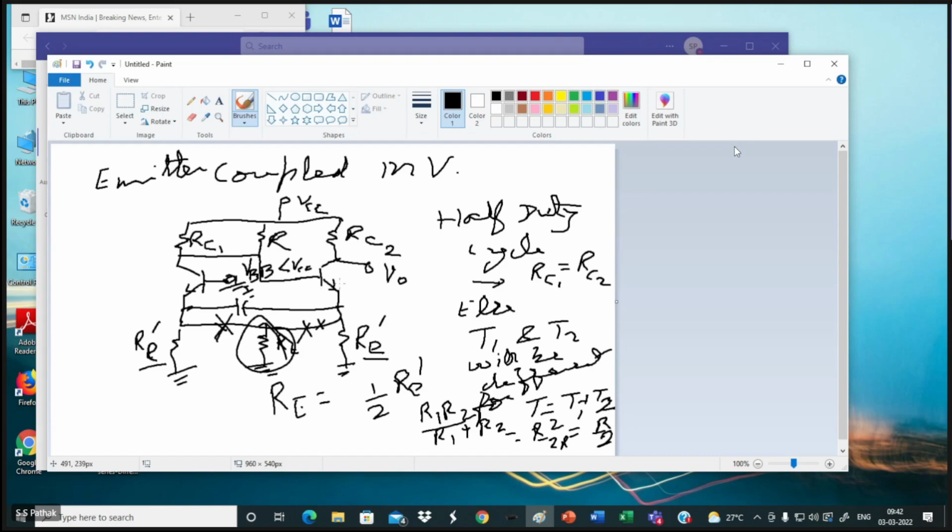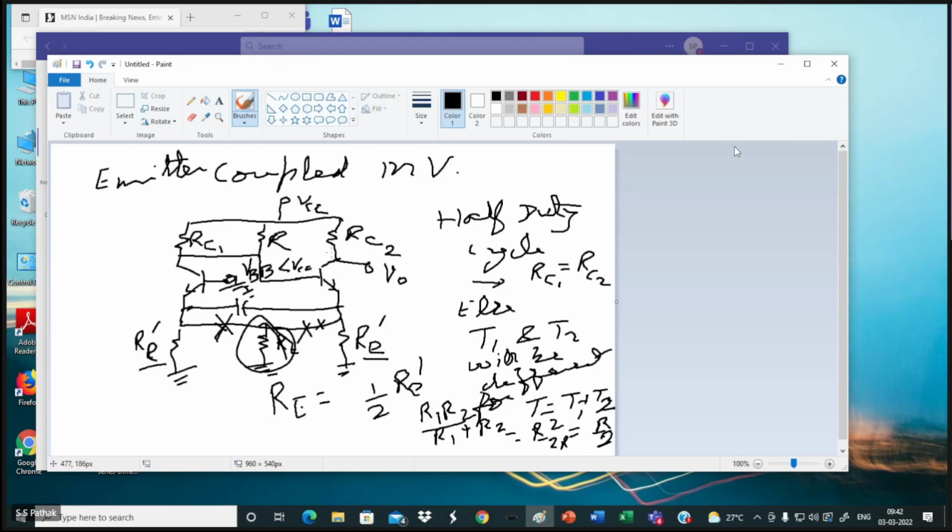Assume this was your low, at t equal to 0 minus this was low, at t equal to infinity it was low, and this was high. Okay, so when this was low, at that time high current was flowing through this RC, and that current was flowing through this transistor also.